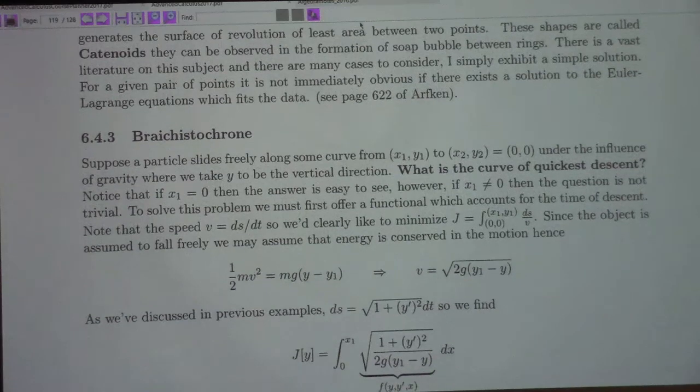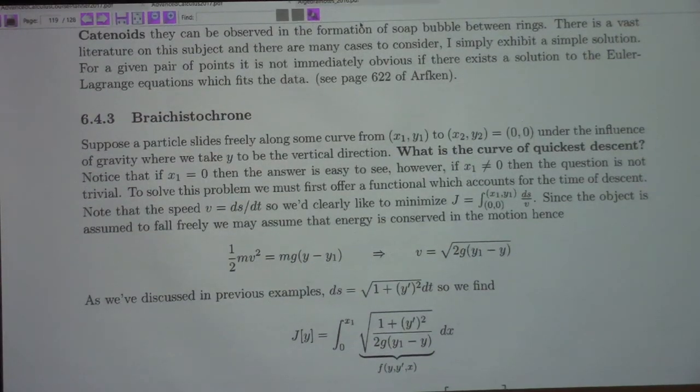So since v is ds/dt, you can solve for dt. dt is ds over that. But remember, ds is also the square root of 1 plus y prime squared times dx. The arc length in terms of a graph is the square root of 1 plus y prime squared times dx. This is ds for a graph. And that down there is the v. So there you go. This is your functional.